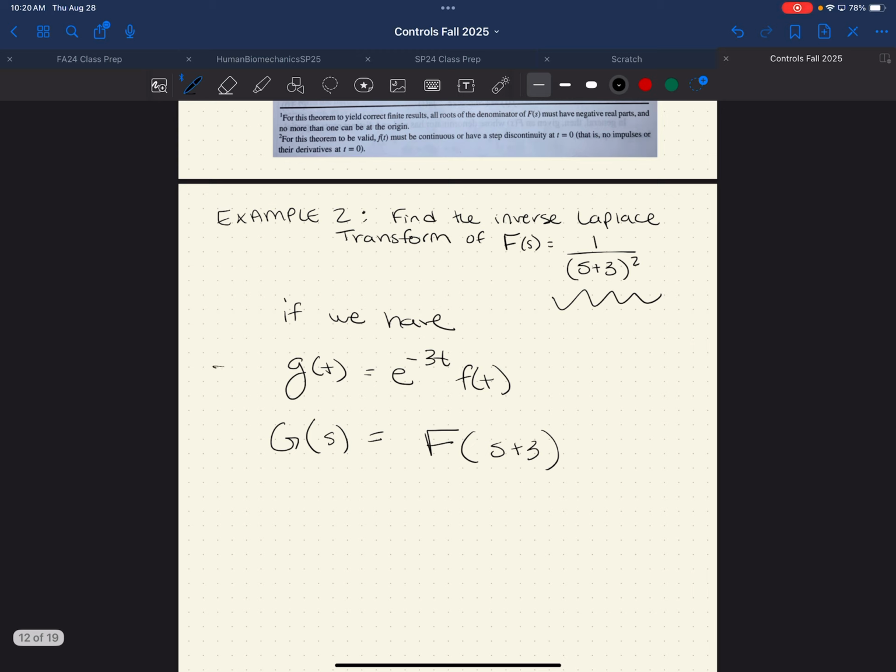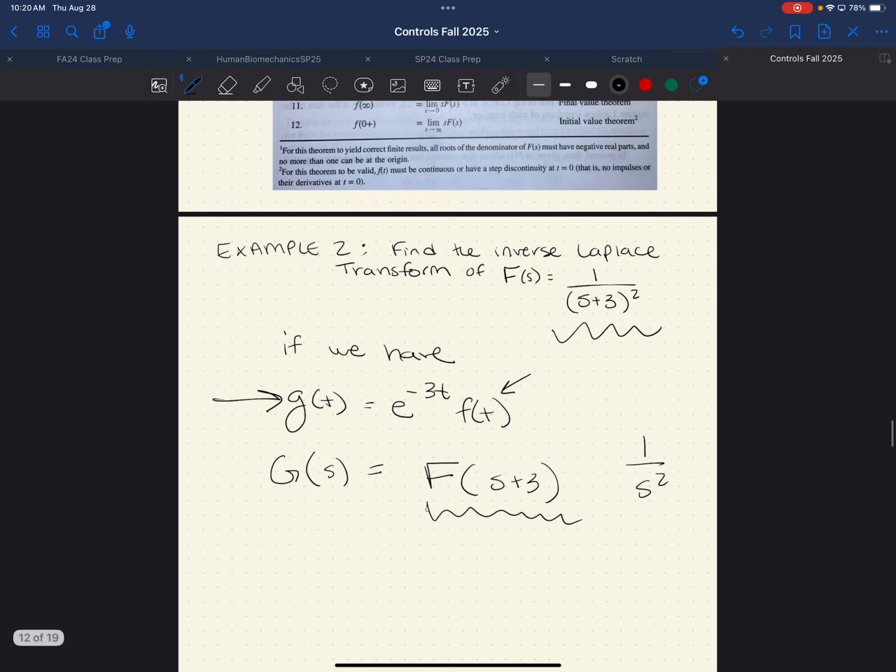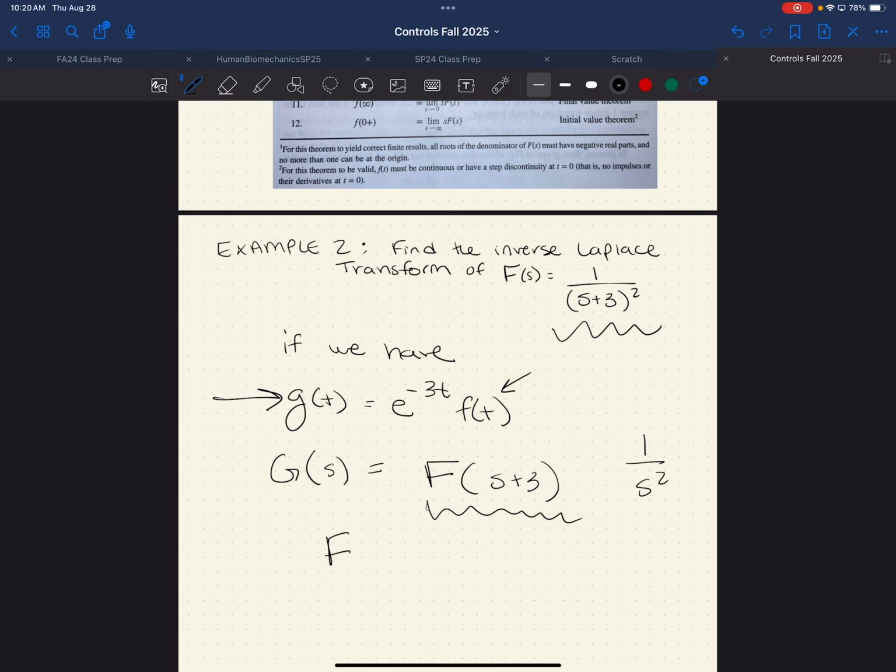So let's compare this to what we actually have. We have something that is not just f of s plus 3. It looks more like 1 over s squared, right? So that means that this function here, big F of s plus 3, is 1 over s plus 3 squared.